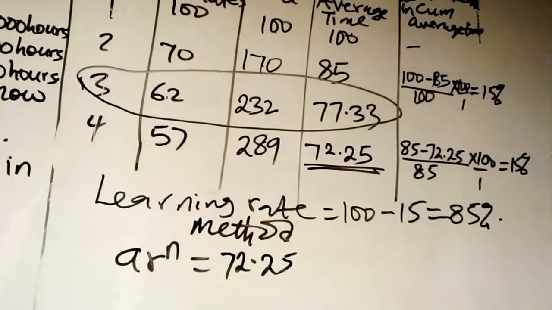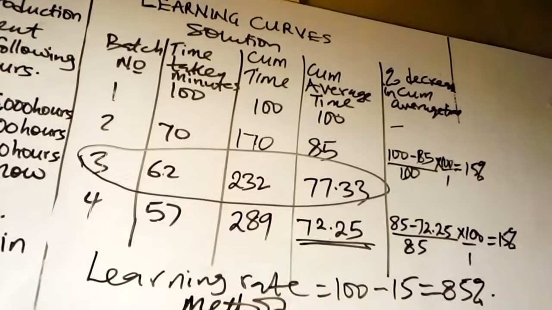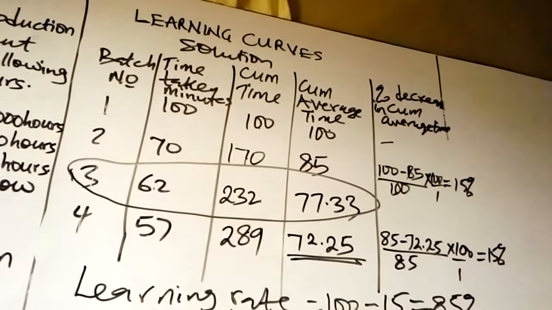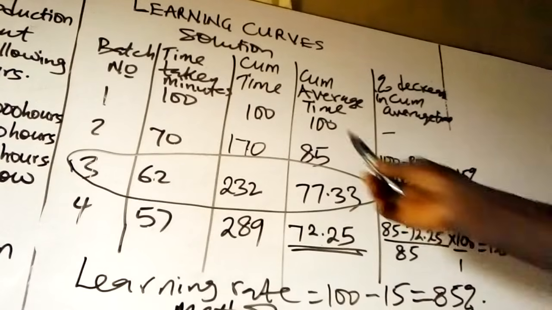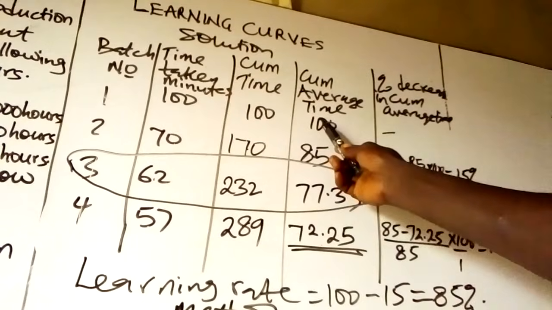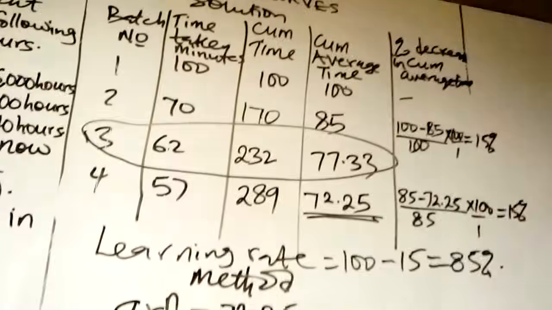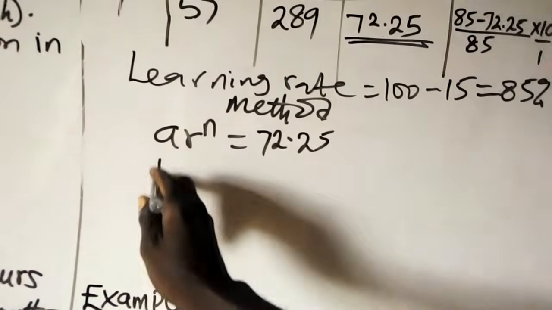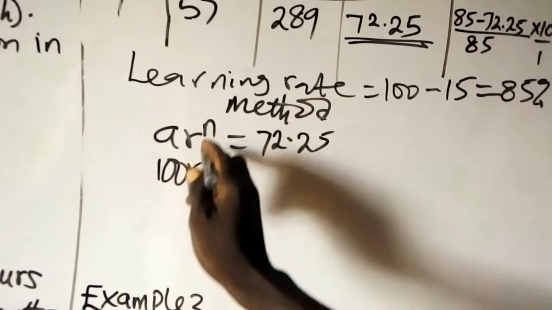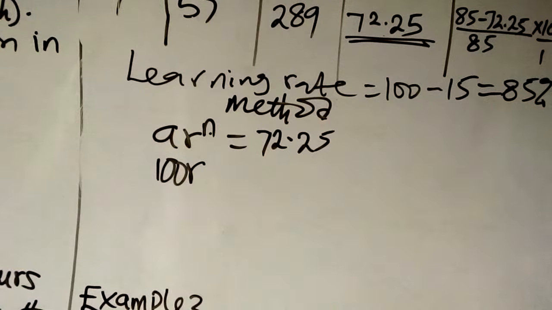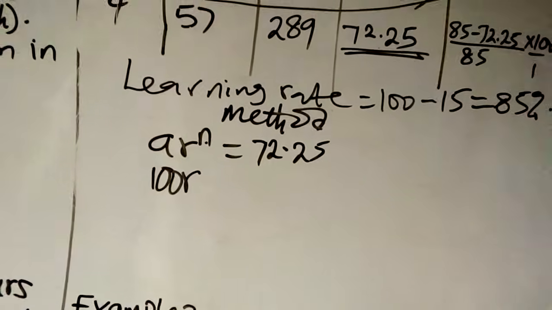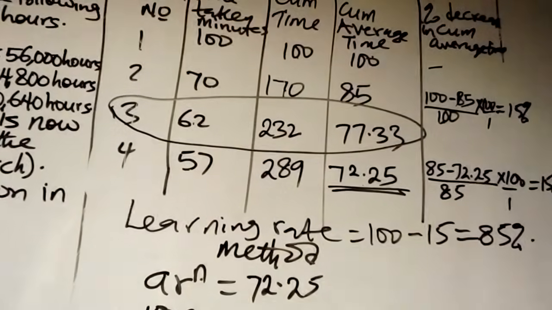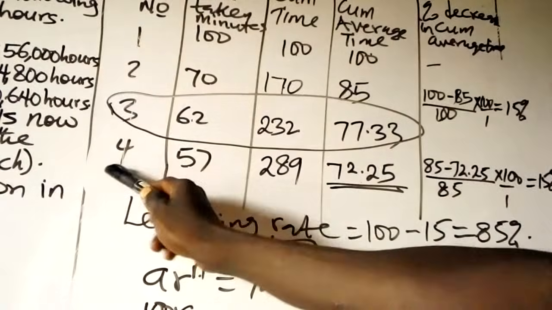Our A is the average time of producing the unit in the first batch, and that is 100. And n is the number of times the activity will be doubled to obtain the cumulative output. Remember, the cumulative output now is 4.